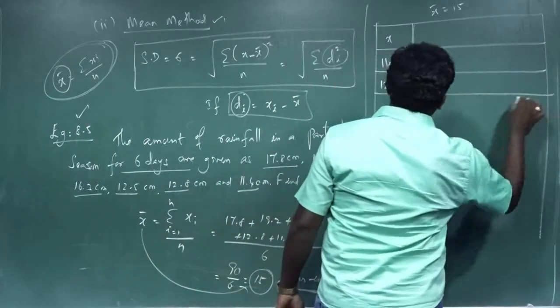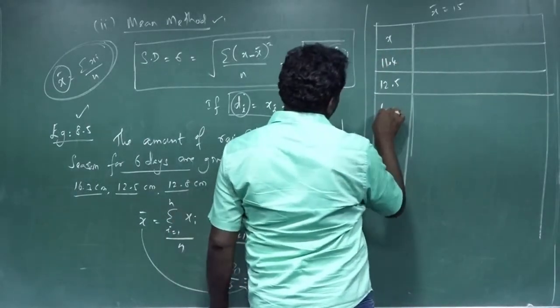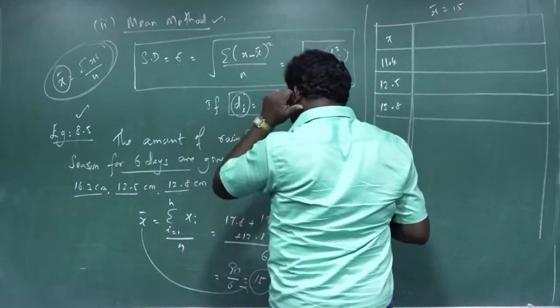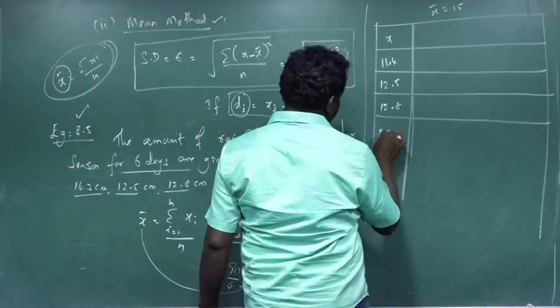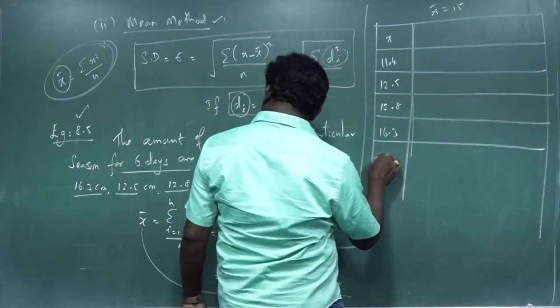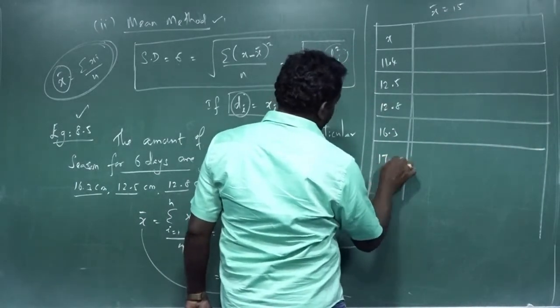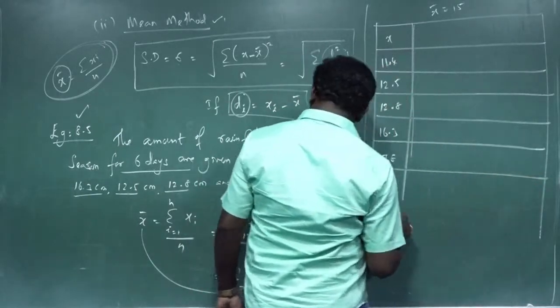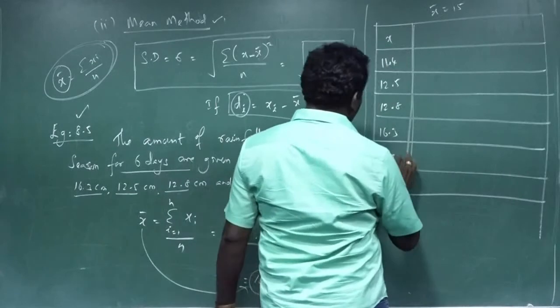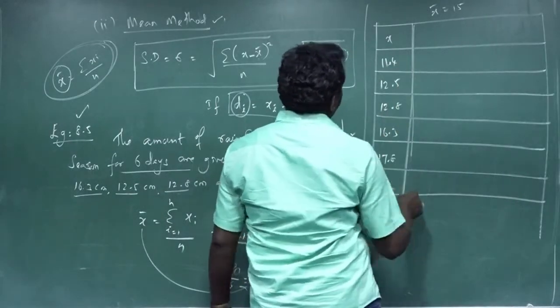The next biggest, 12.8. The next biggest value, 16.3. Next 17.8, then 19.2, the biggest. So 1, 2, 3, 4, 5, 6 values are given.